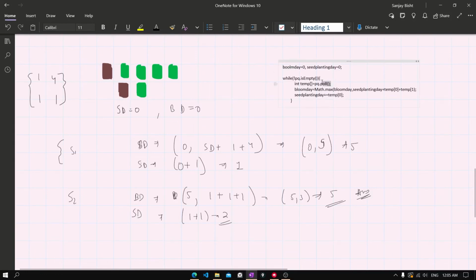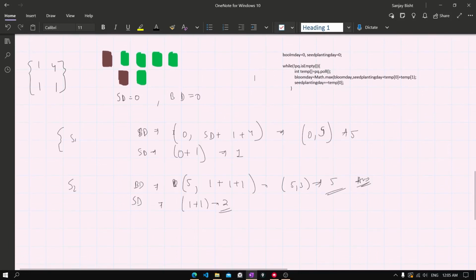We have picked this top element. The bloom day will be the seed planting day, which is already 0, plus 1 plus 4, so it will give us 5 here. Then we have to compute the seed planting day also.